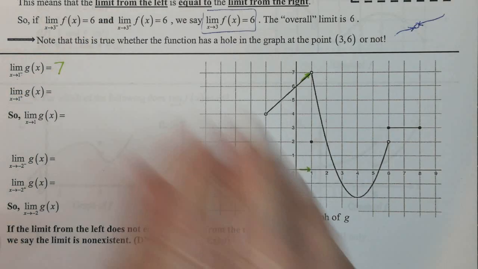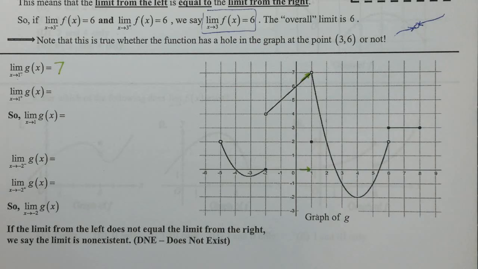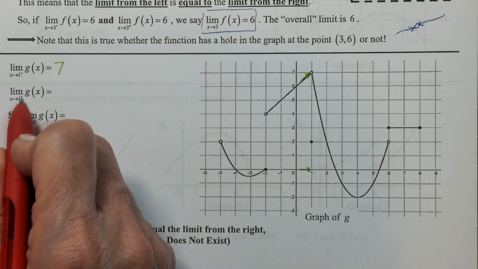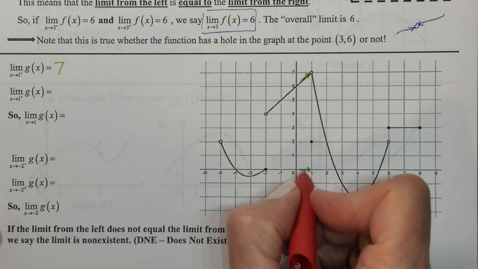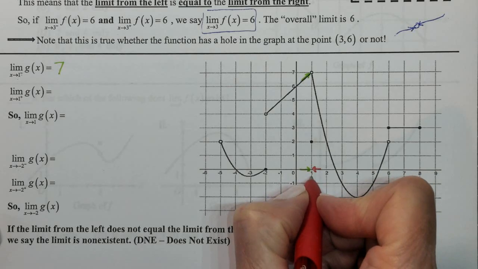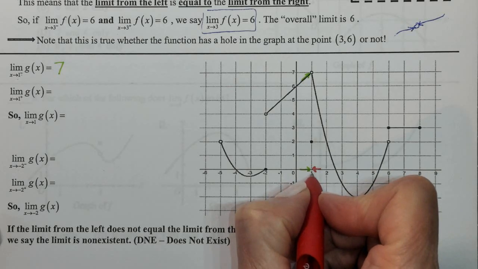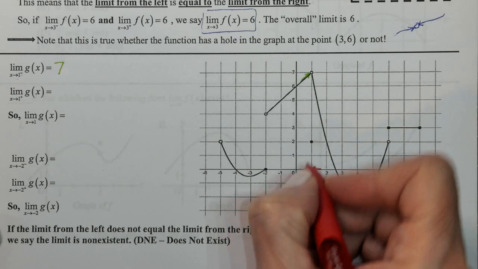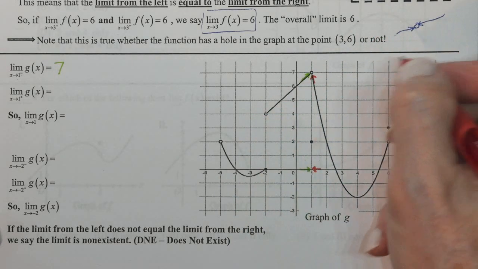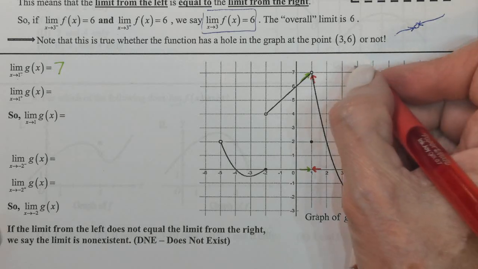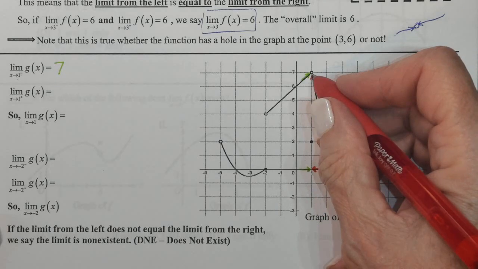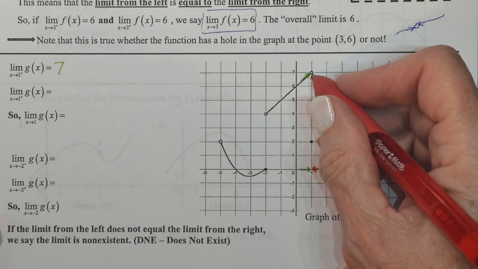What about on the other side? What about the limit as x approaches 1 from the right of g of x? Well, if we're approaching 1 from the right, it's like we're putting in 1.0000001. What is the y-coordinate approaching? Well, the y-coordinate would probably be another 6.999999999, right?